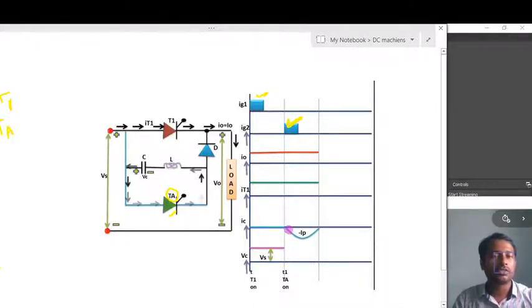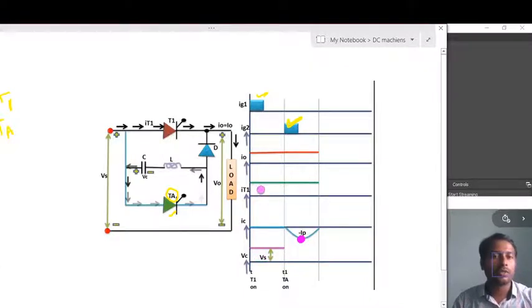It increases sinusoidally and reaches a peak, and up to this peak the inductor charges. Then the inductor discharges and the capacitor charges with reverse polarity, which means this side positive and that side negative. I will explain in the next picture.